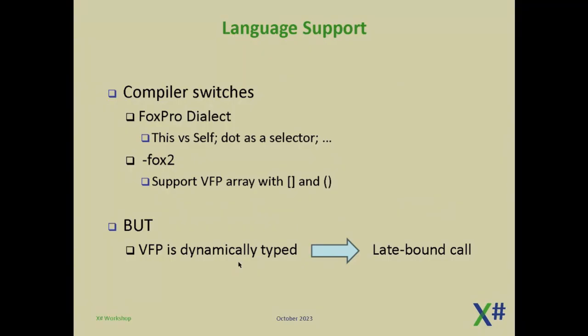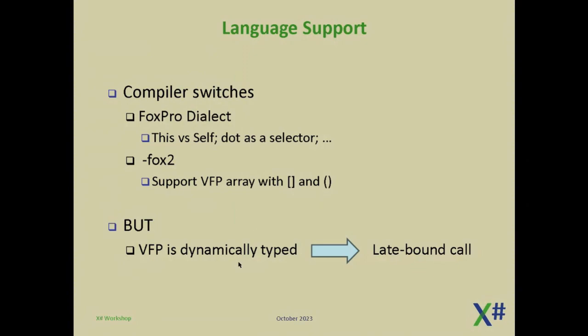Okay, if you want to work with FoxPro, you have to choose the FoxPro dialect. And the FoxPro dialect is an indication to the compiler that certain keywords become available that were not available for the other languages. The keyword THIS, for example, is only available if you compile in the FoxPro dialect.